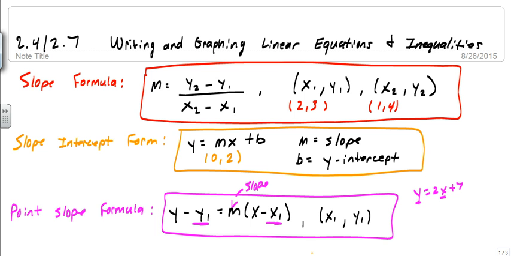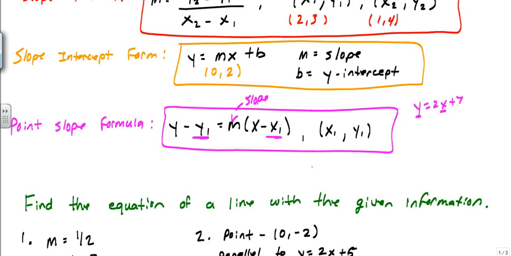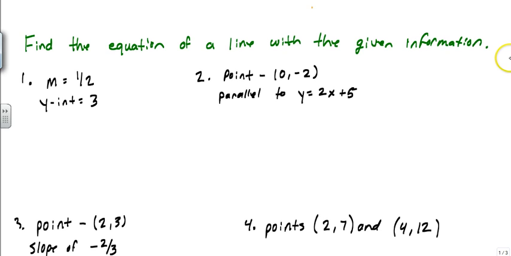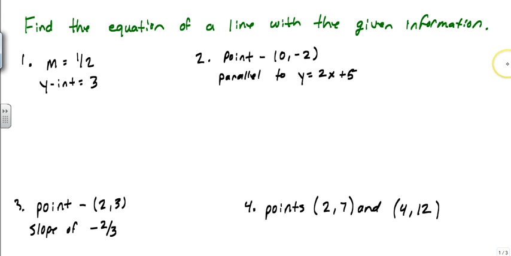So let's just try some examples, try some problems. Once you do the problems, you'll get it. We're going to find the equations of lines given different information. We're going to start off easy and get a little bit harder as we go. The first one, we're given m equals 1/2 and the y-intercept is 3. So this is the easiest one. This is going to be straight up slope-intercept form.